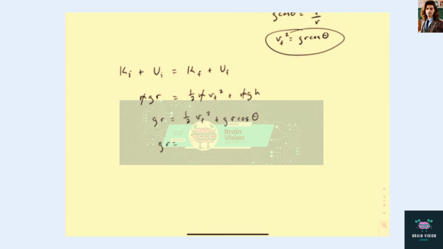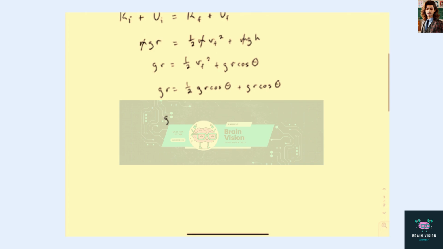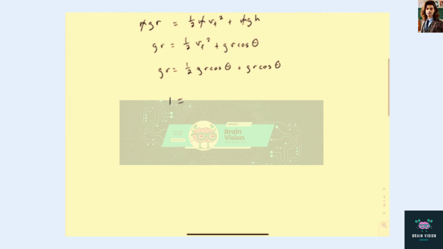So this is going to be 1/2 gr cosine theta plus gr cosine theta. So, well, the gr all cancels, so this is like 1. We can cancel them out because we know they're not 0, so I don't have to do any factoring.